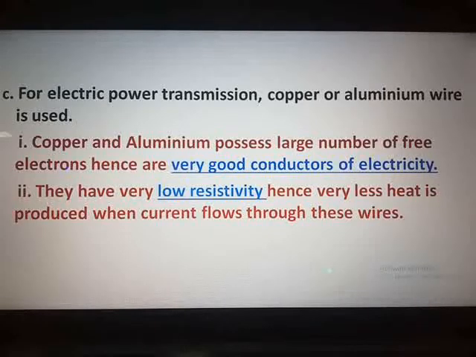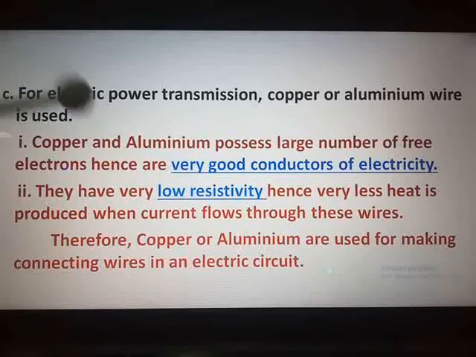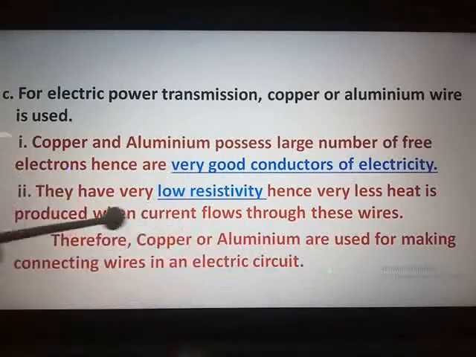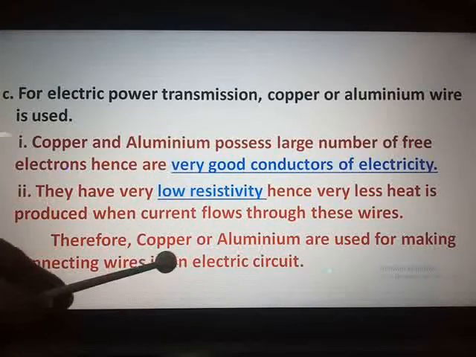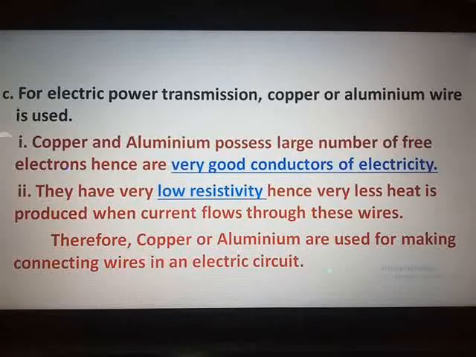Very first point, very important, is good conductors of electricity. Second, low resistivity, and hence copper or aluminium are used for making connecting wires in an electric circuit. If you see in this chapter, right from the first line up to the last line, nowhere have they mentioned about copper or aluminium, why it is used in electric circuits.